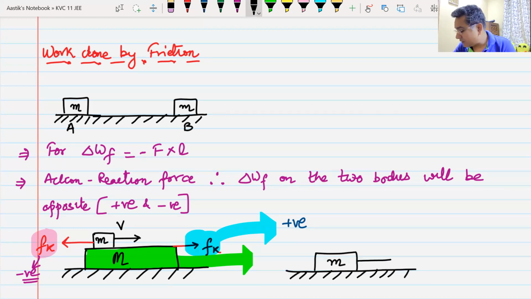Now take the example of this body. It is moving with a velocity v. What is the direction of frictional force on this body? It would be towards left. What about the work done by this friction?